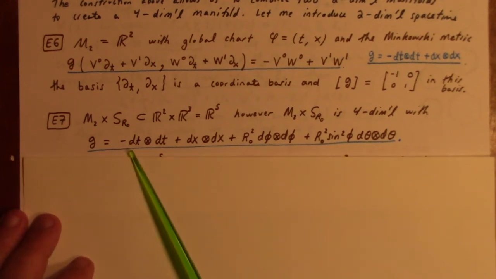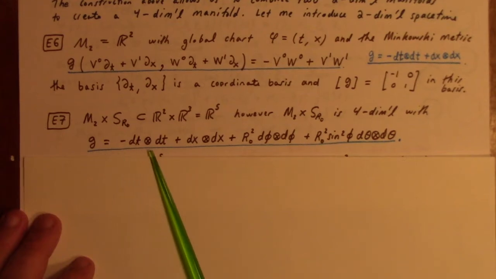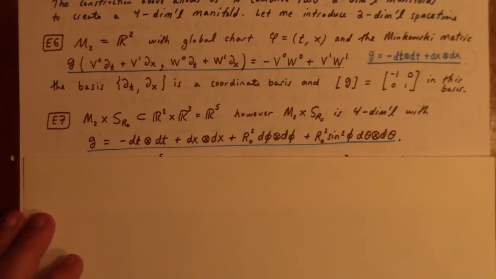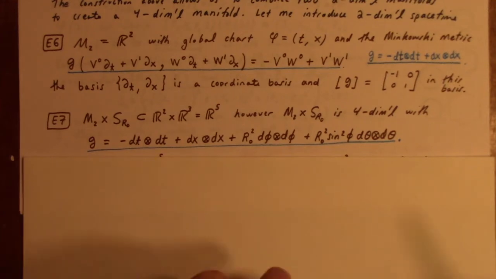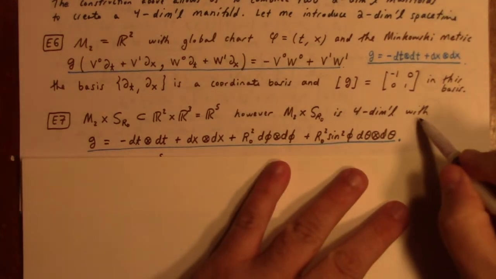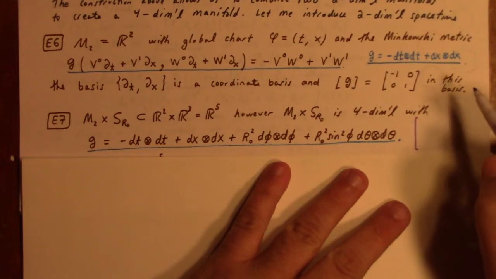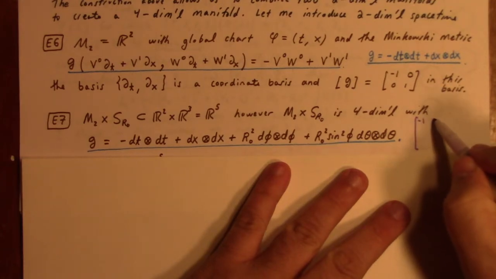Maybe I can fit it in here. So the matrix of g with respect to the natural t, x, phi, theta basis looks like what? Oh man, my fingers are so cold, this isn't going to work out well. Minus 1, 0, 0, 1.